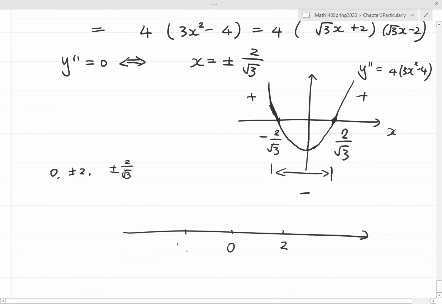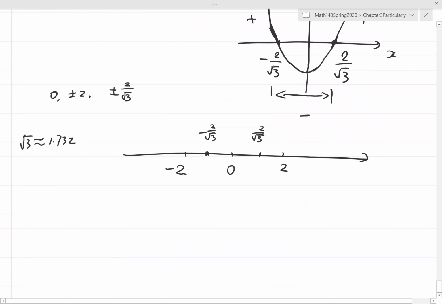Remember, 2 is greater than 2 over root 3. Root 3 is around 1.732, so 2 over root 3 is slightly bigger than 1. By symmetry, this is negative 2 over root 3, and this is negative 2.